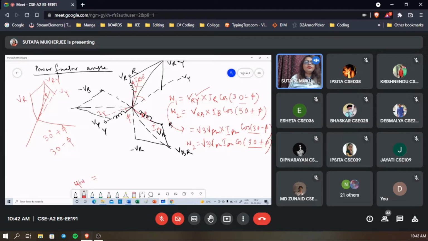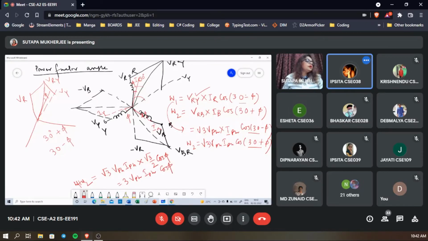W1 plus W2, that will be equal to what? Root 3 V phase, I phase, cos phi into root 3 by 2, so this will give 3 V phase, I phase, cos phi, by 2.